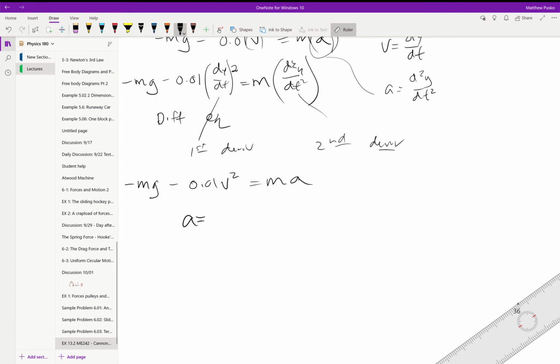So I get an acceleration equal to a negative 0.001 v squared plus 9.81 when we stick in the numbers.